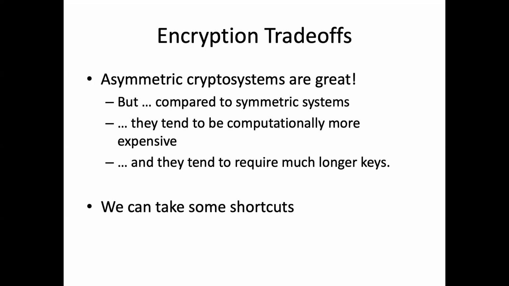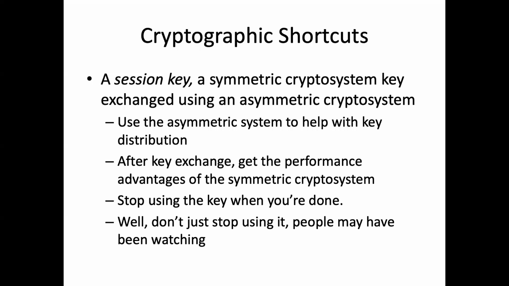Asymmetric crypto systems tend to be a lot more computationally expensive because they involve internal operations based on math. Symmetric crypto systems tend to be a lot cheaper. So it would be nice if we could have the advantages of an asymmetric system, at least in terms of the things we could do with it, but the performance advantages of a symmetric system. In practice, we usually get that by only using asymmetric systems where we have to.